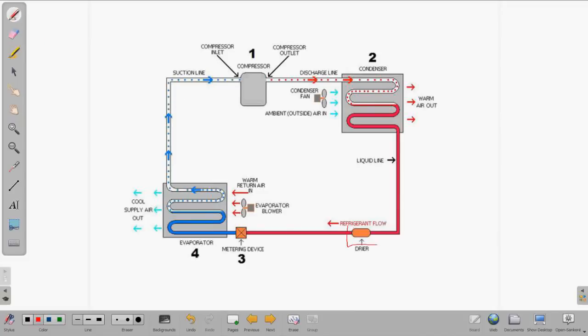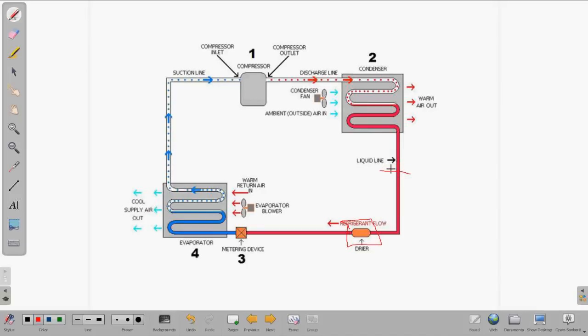And the only way that you're going to know if you have a restriction somewhere in this line, and where that restriction is, is by a drop in temperature.